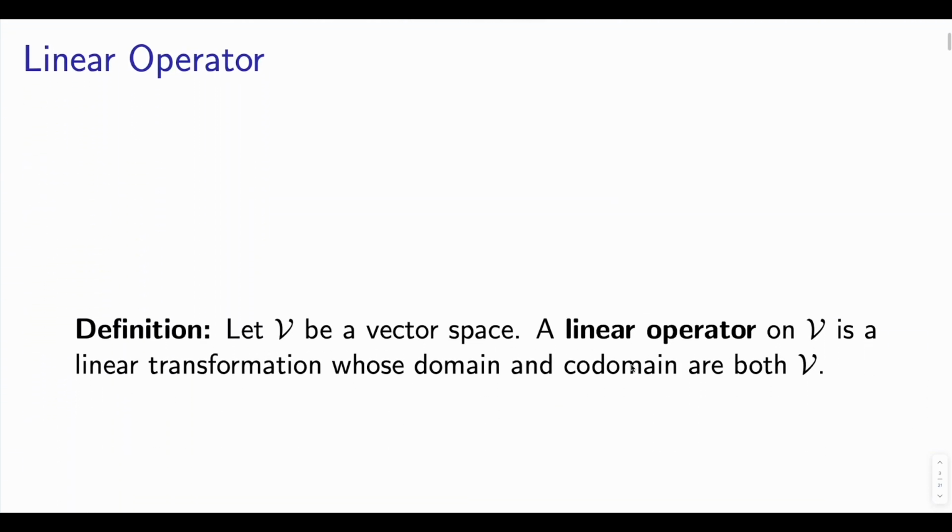We call the linear transformation a linear operator if the domain and codomain are both the same as V. Suppose you have a linear transformation L from R3 to R3, and L(x, y, z) = (x, y, z), just an identity transformation.